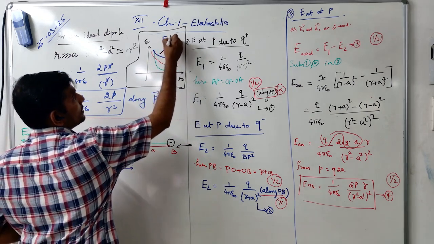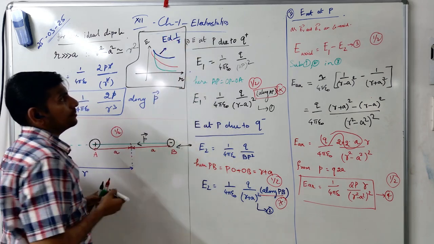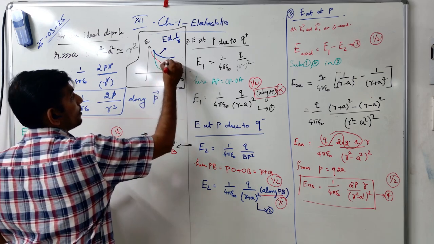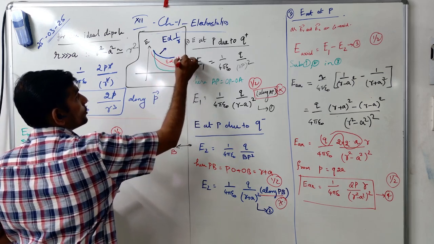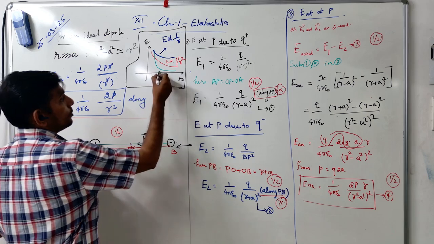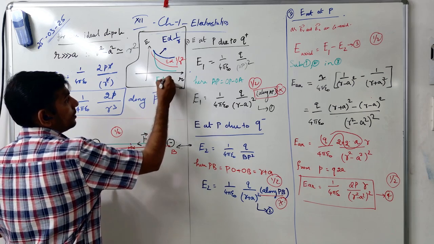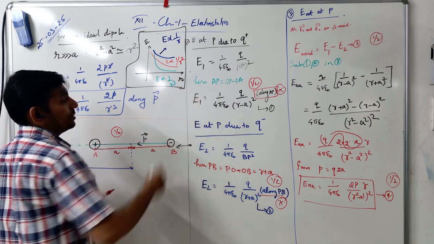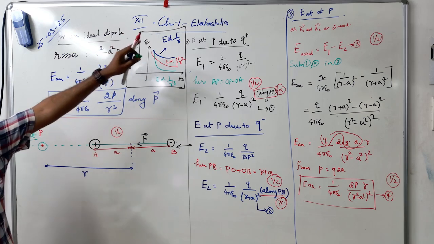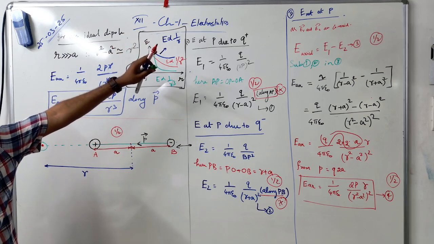So the electric field is inversely proportional to R. For the red, electric field is inversely proportional to R squared. And for the green, electric field is inversely proportional to R cubed.